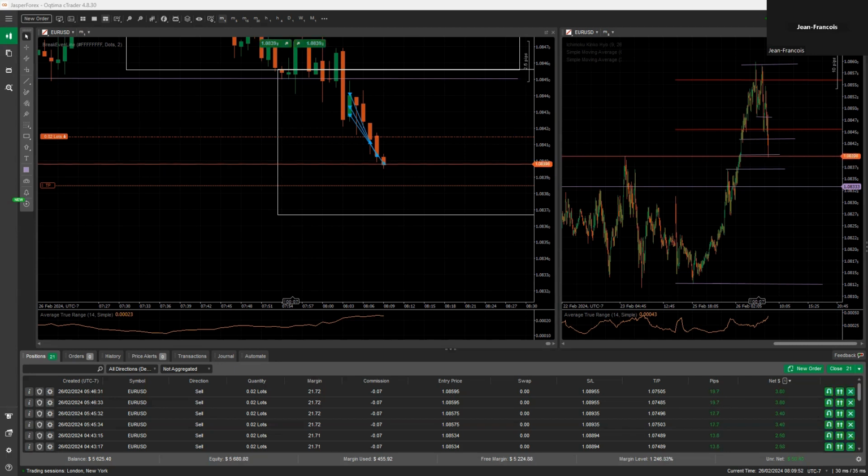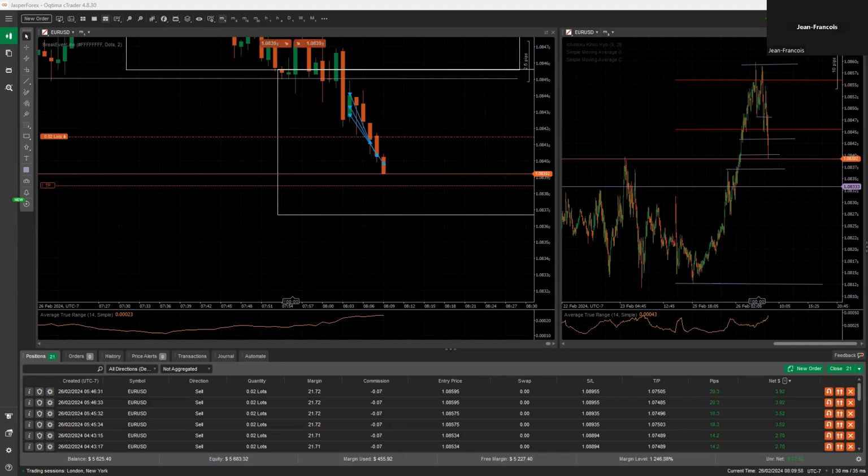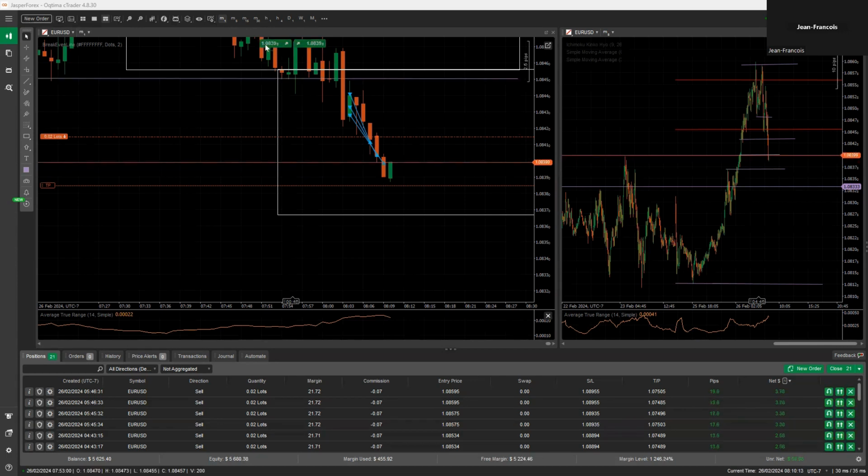Awesome. One more green candle. Sell some of that.